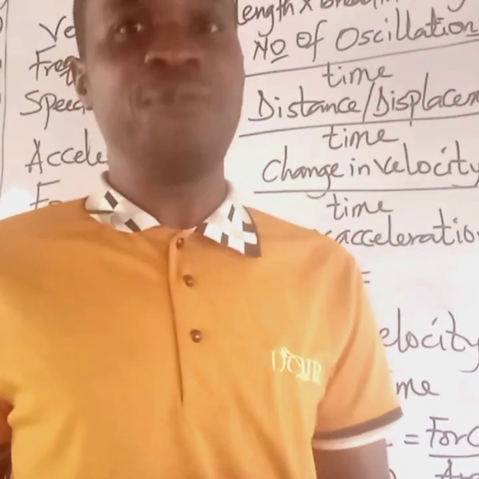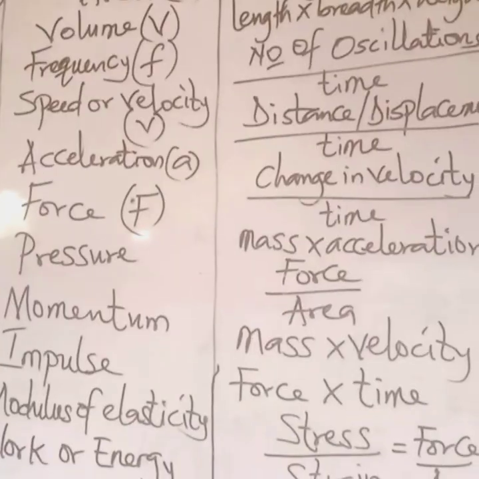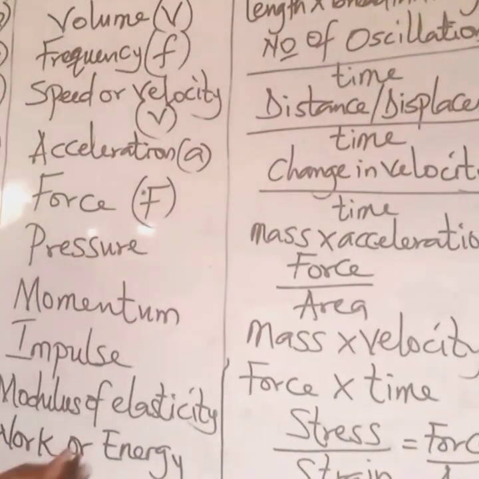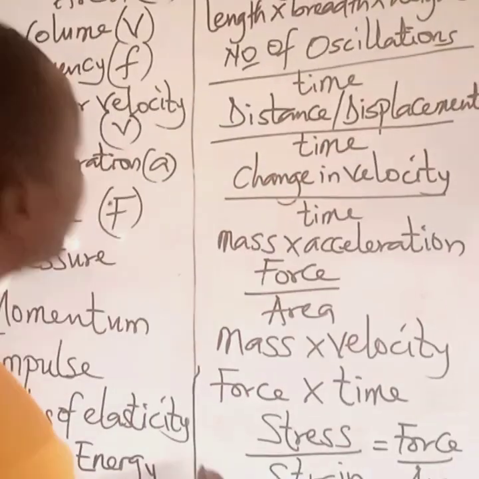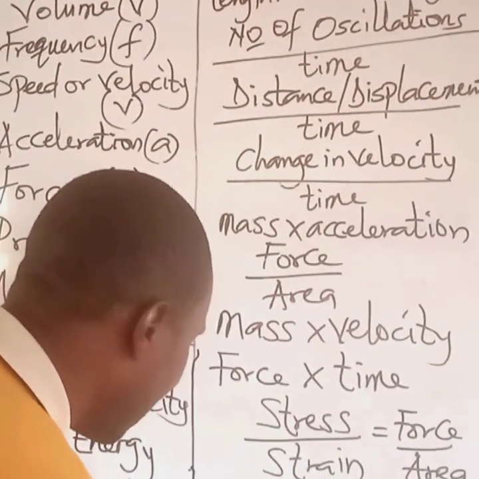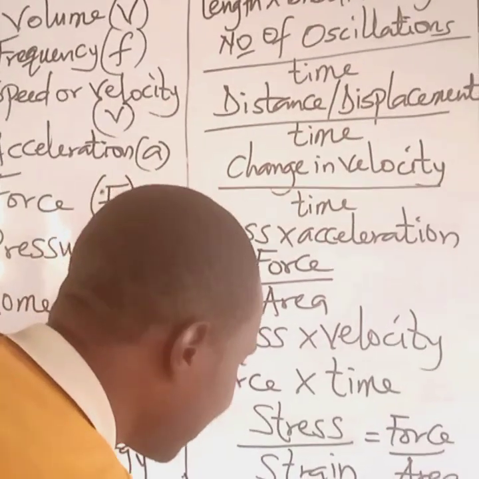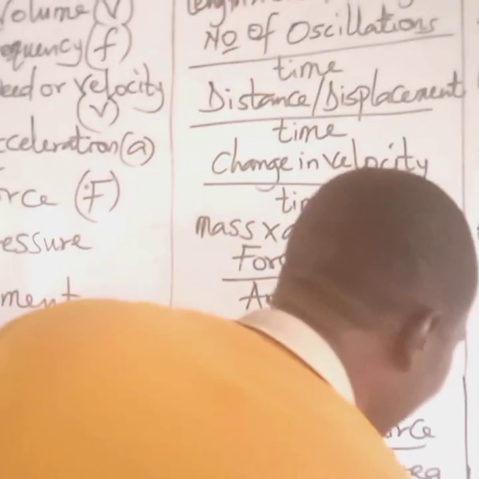They have some differences. But for the purpose of this class, I'm going to talk about work or energy as if both are the same. And I'm going to use a derivation, force times distance. And that is Newton meter.